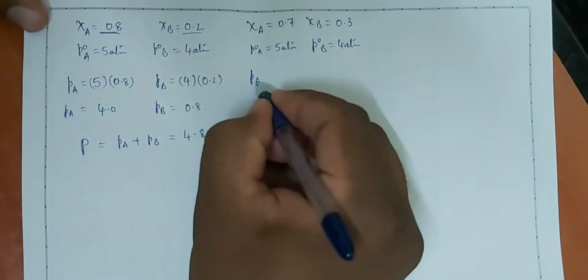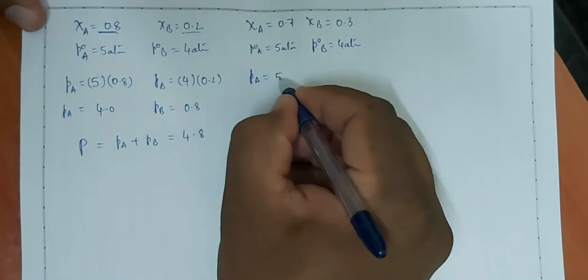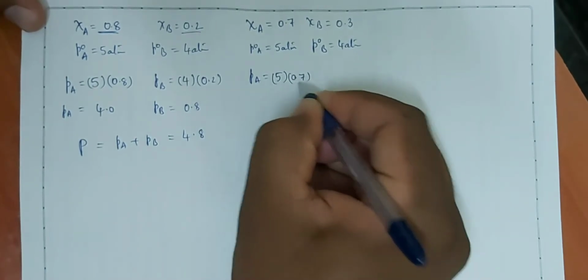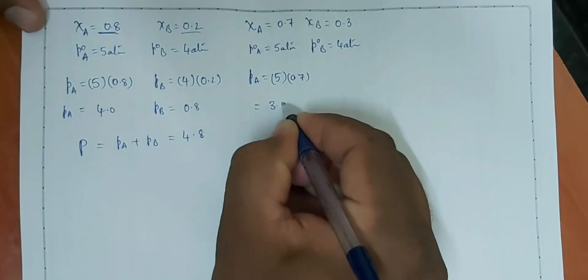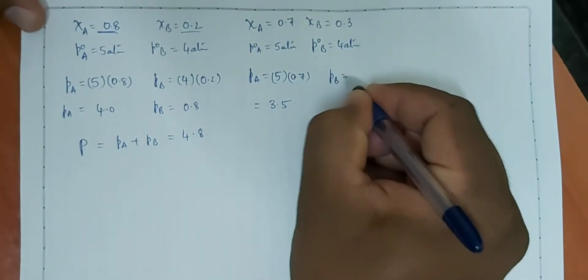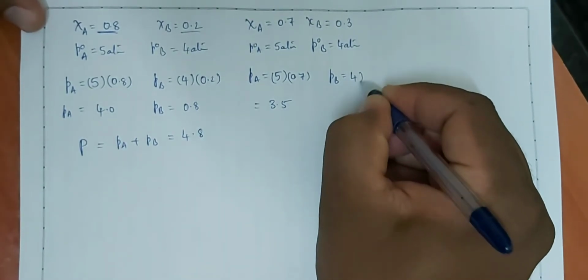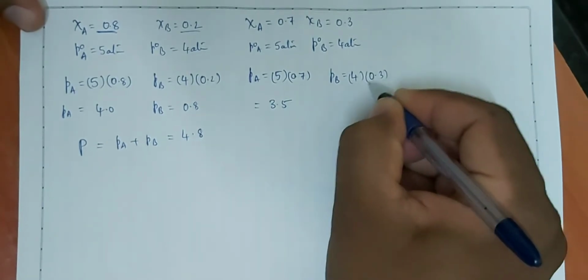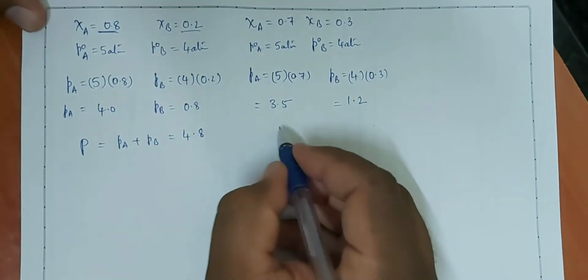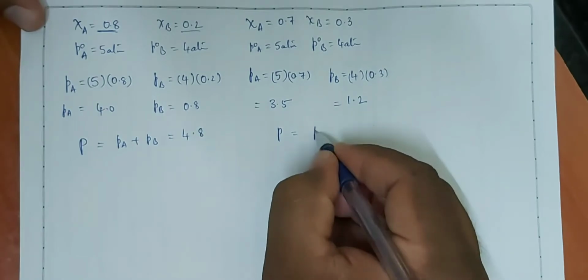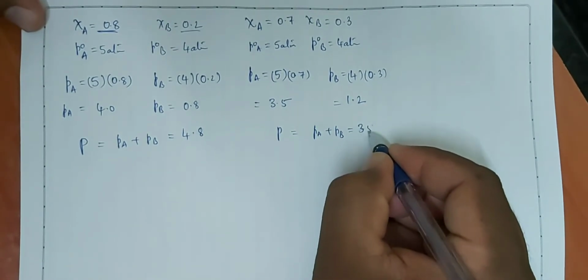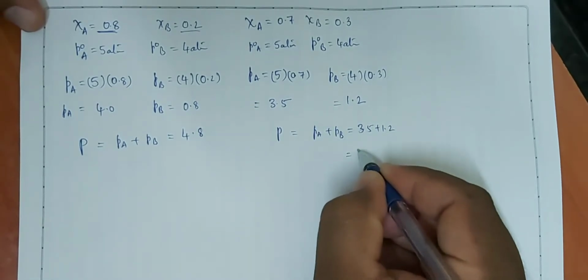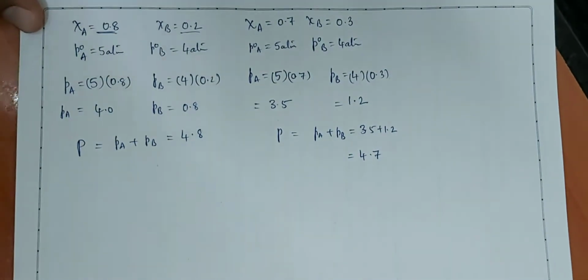Now PA is equal to 5 into 0.7, which is equal to 3.5. PB is equal to 4 into 0.3, which is equal to 1.2. Total pressure P is equal to PA plus PB is equal to 3.5 plus 1.2 is equal to 4.7.